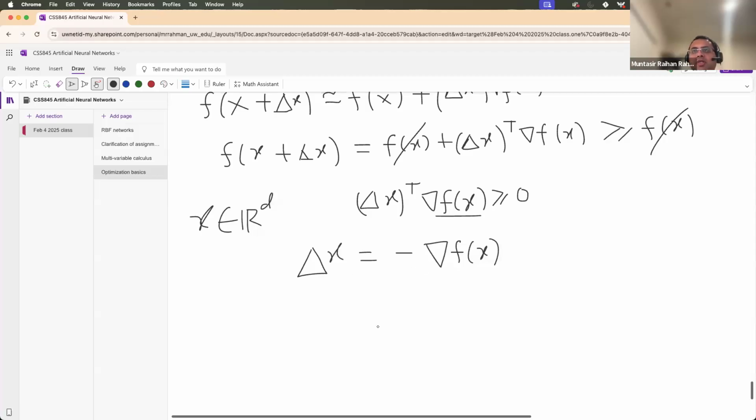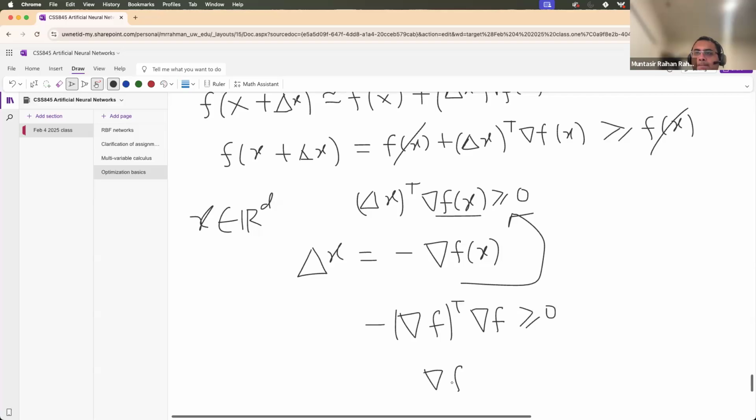But now let's see if I put this into this relation here, what do I get? I get minus delta f transpose delta f is greater or equal to 0. And this term, we know this is the norm of delta f squared, and I have a minus here, so this has to be less than or equal to 0.